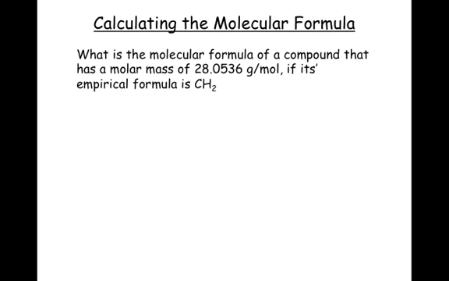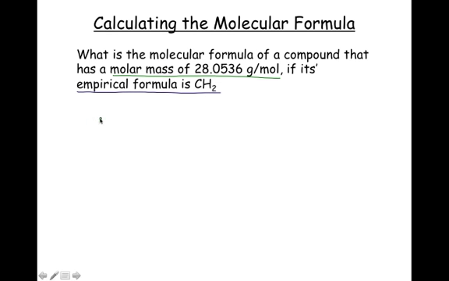You'll probably see two kinds of problems here, ones that are very simple and ones that take a little further. Simple ones are going to actually give you the empirical formula, like this one did. That tells you right here, the empirical formula is CH2. Right up here, you can see we have a molar mass of 28.0536. That's the molecular mass, the mass of the entire compound.